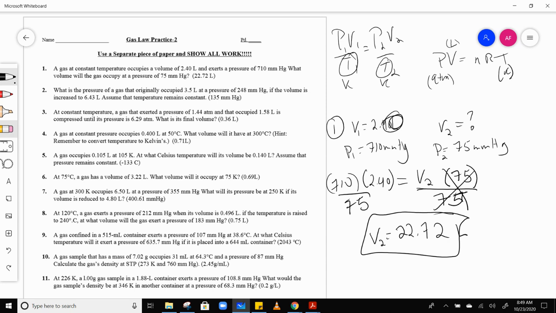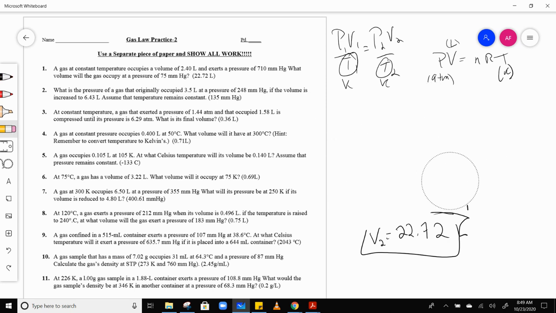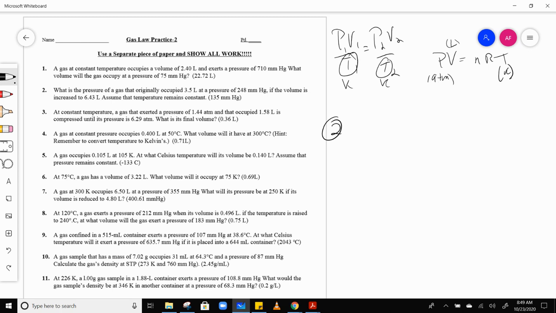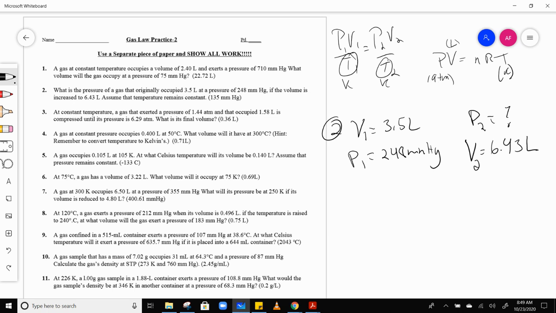Okay. Next, number 2. We're looking for the new pressure of a gas that originally occupies 3.5 liters at an original pressure of 248 mmHg, if now the volume is increased to 6.43 liters, and we're holding temperature constant.